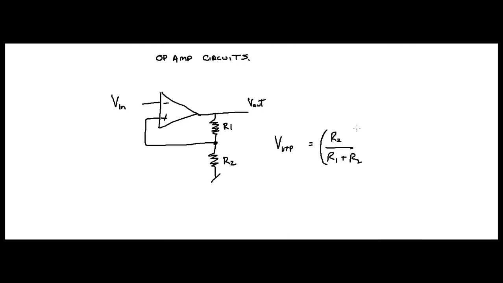That's the simple voltage divider formula, right? Times V out. And that's going to be the max because it's saturated, right? That's what that voltage is going to be. Because remember, what we have here is the transition point where both of these points are going to be at the same voltage, isn't it?